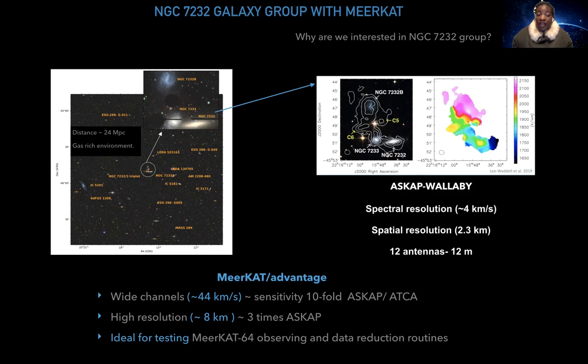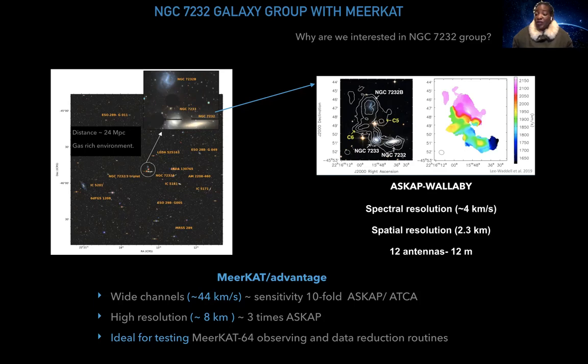Within one group, we have varying gas-rich environments. We have the large IC 5201 spiral galaxy, and we have the famous galaxy triplet that I have shown on the top panel. For this study, the focus is not the entire galaxy group, but I'm focusing my studies on the NGC 7232 galaxy triplet.